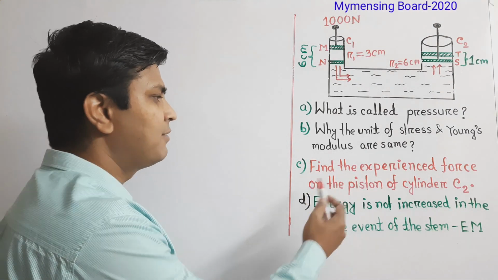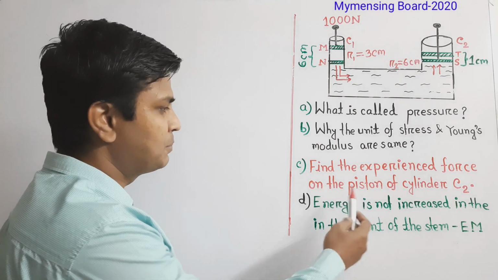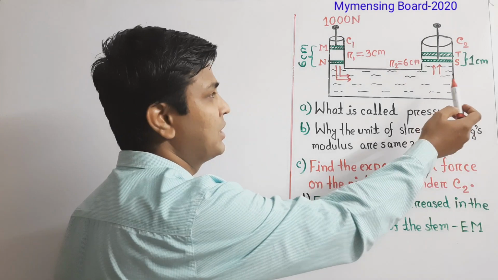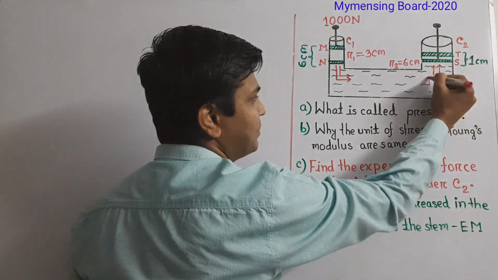Now let's see question number C. The question is, find the experienced force on the piston of cylinder C2. That means we have to calculate the experienced force F2 on the second piston C2.